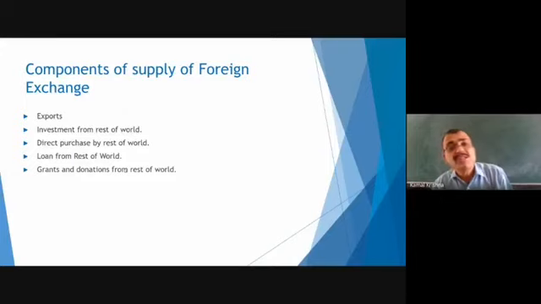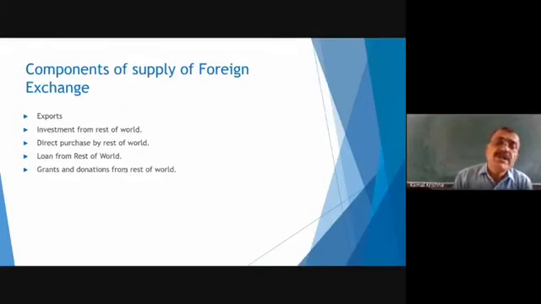The supply of foreign exchange will increase when we export to the rest of the world. When investment comes from abroad, when entrepreneurs come to India, they will come with their currencies. So they will supply foreign exchange to our country. If people from abroad purchase things from our country, that is direct purchase by the rest of the world.